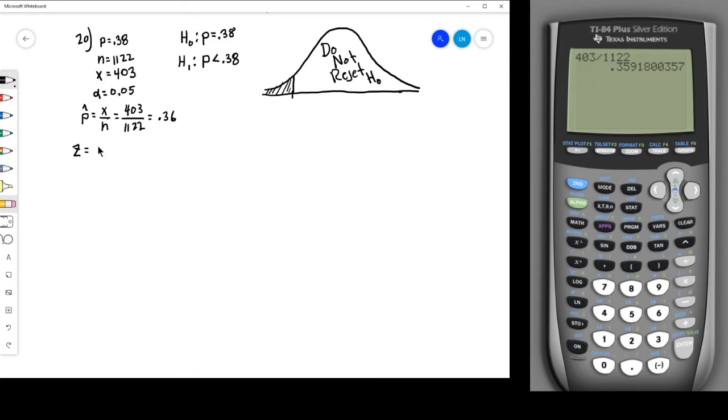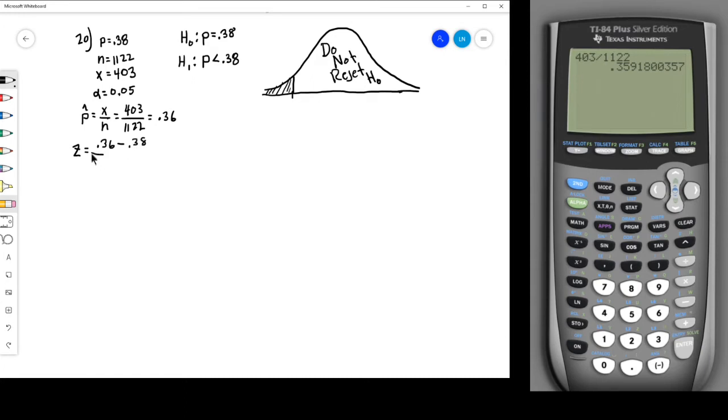So my data point is 0.36 minus the mean. And remember, for the probability distribution for the binomial, the mean is the population proportion. So it's going to be 0.38.